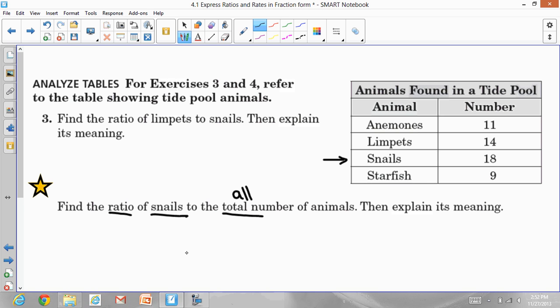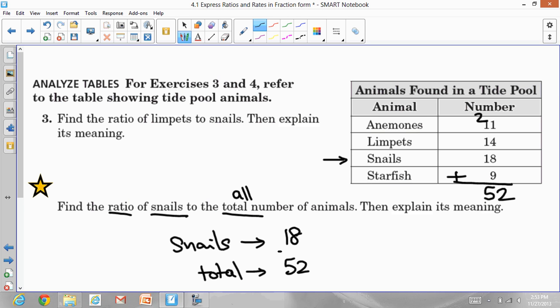So we are comparing the number of snails to the total, which means all of them, every single one included. 9 plus 1 is 10, 18, 19, 20, 22, 2, 3, 4, 5. So the total is 52.